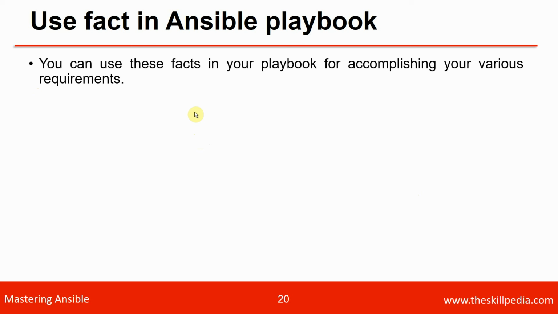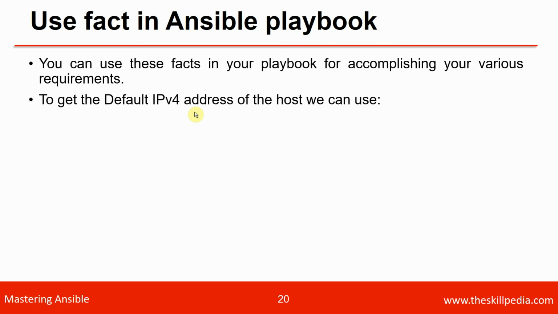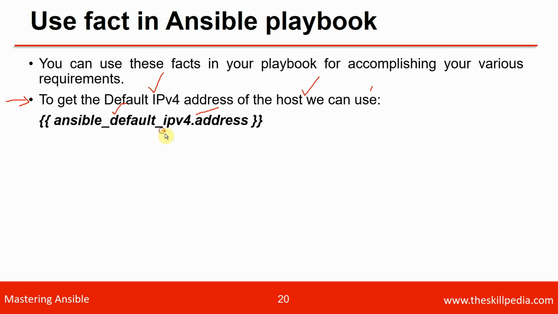So you can use these facts in your playbook for accomplishing various requirements. For example, to get the default IPv4 address of a host, we are trying to understand how to get the individual value from a list item, because IPv4 addresses, if you recollect, were in the form of list items. So we use ansible_default_ipv4.address.